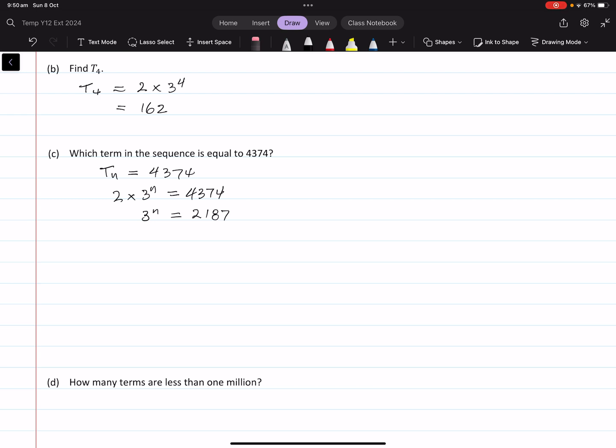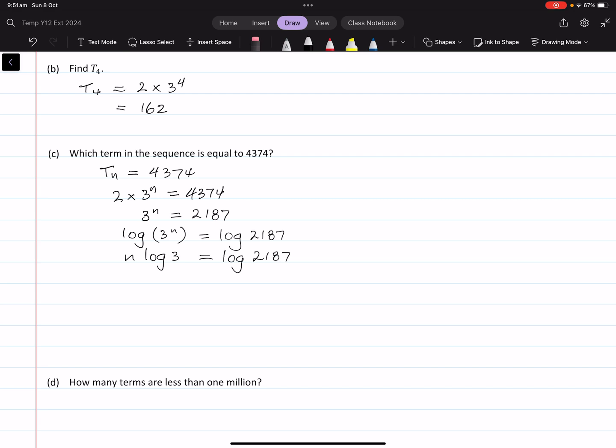So taking the log of both sides, I've got the log of 3 to the n is equal to the log of 2187. I'm going to use a log law now to bring the power down the front, and so that becomes n log 3 is equal to the log of 2187.